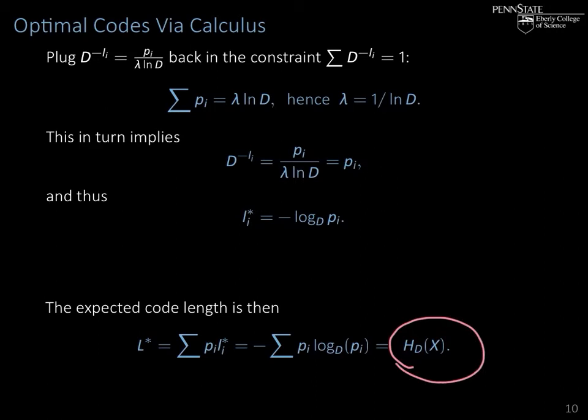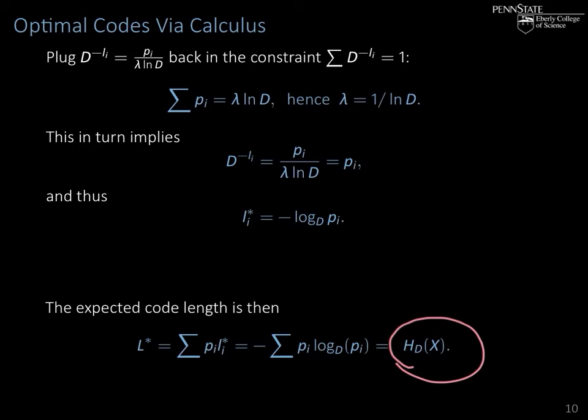And now the entropy with respect to the logarithm to base D instead of base 2. Usually we had base 2, but now we're working with an arbitrary finite alphabet of size D, so we replace the binary logarithm by the logarithm with respect to base D, and we denote the entropy then by H sub D of X.